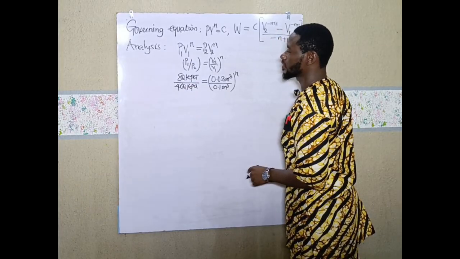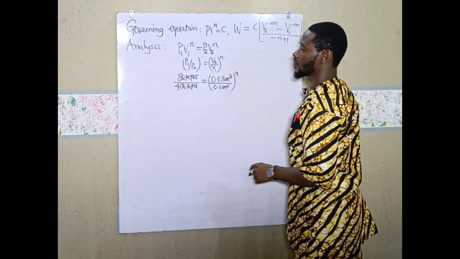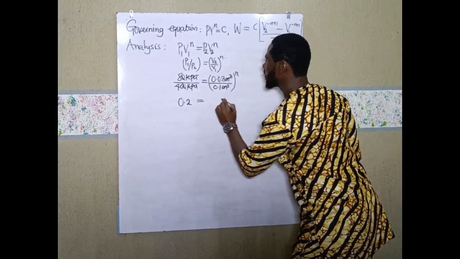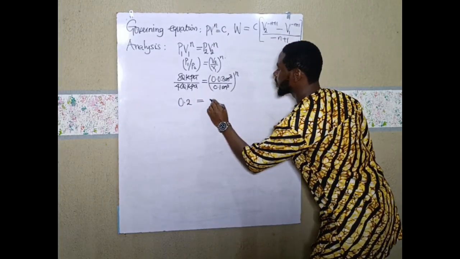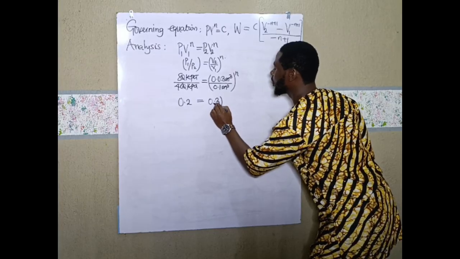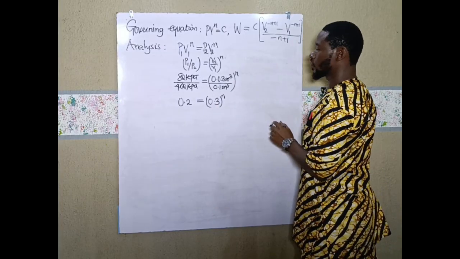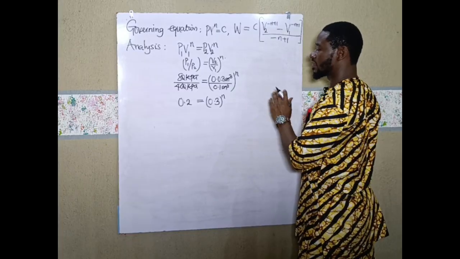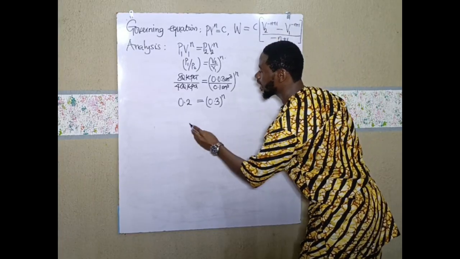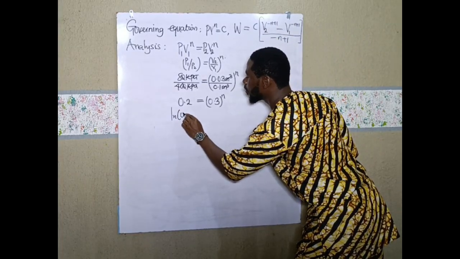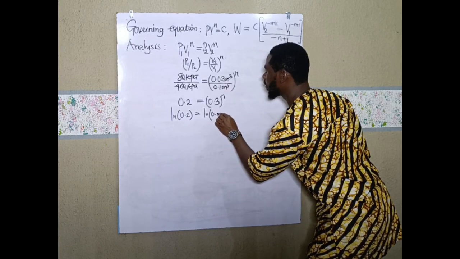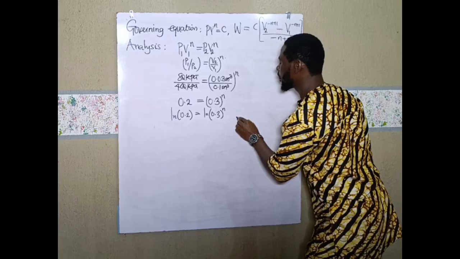8 divided by 40, that's 1 over 5. Then 1 over 5, that's 0.2, which is the same thing as 0.3 raised to the power of n. So you add logarithm to base e to the left side and the right side of the equation. So therefore we have ln 0.2 equals ln 0.3 raised to the power of n.